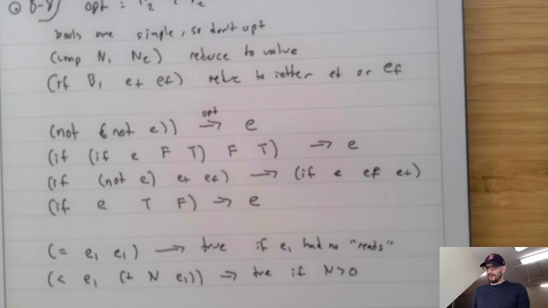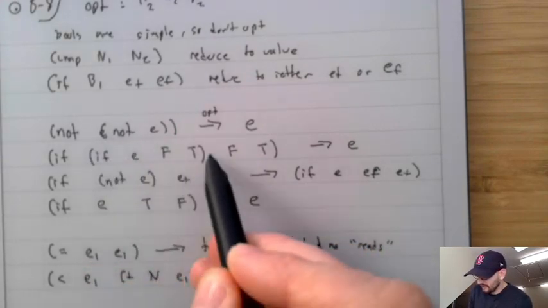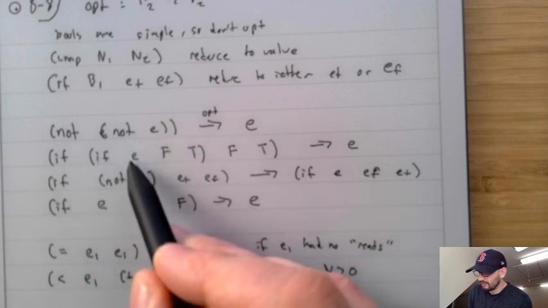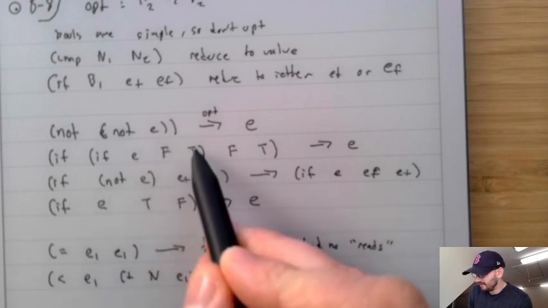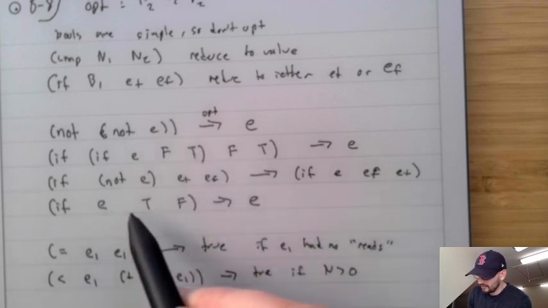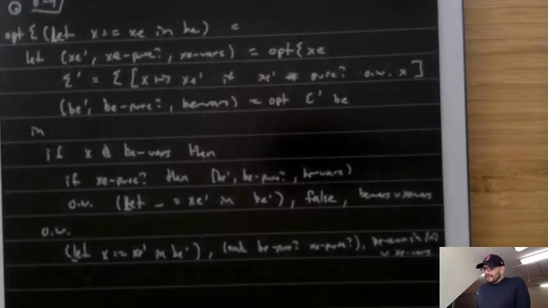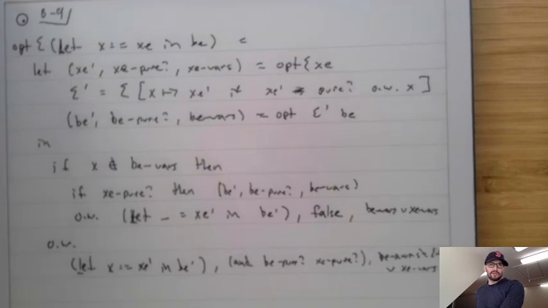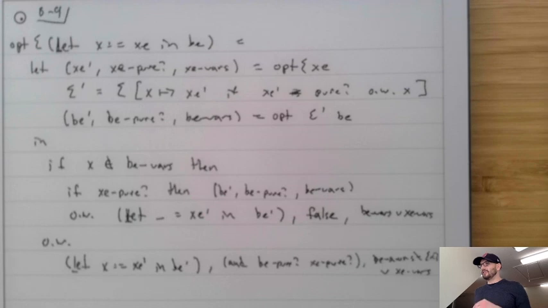And you might know something like, well, if this expression right here were false, then I would know that E must have been true. And here I would know that E must have been false. And then you could use that to do this switching transformation right here. So basically what I'm telling you is there are lots of optimizations that you could do in this language. It's much more advanced than the other one, and you should do some of those.